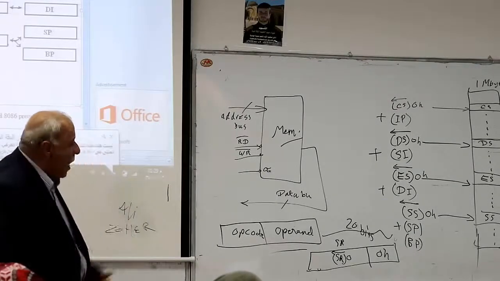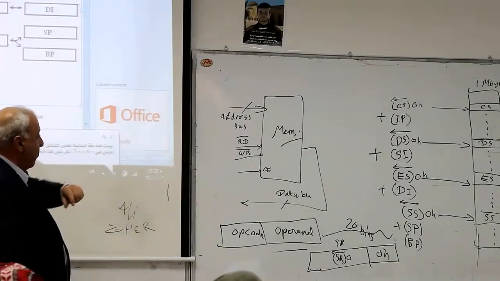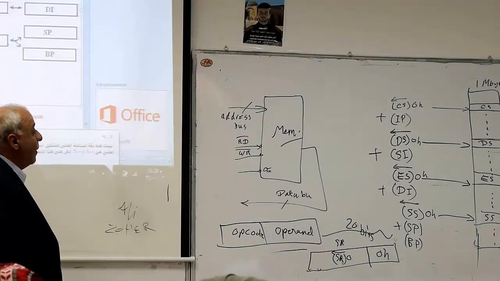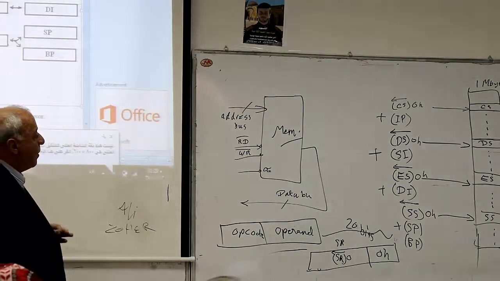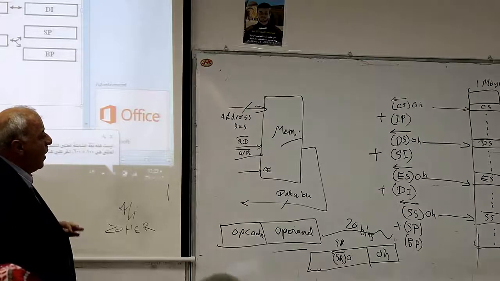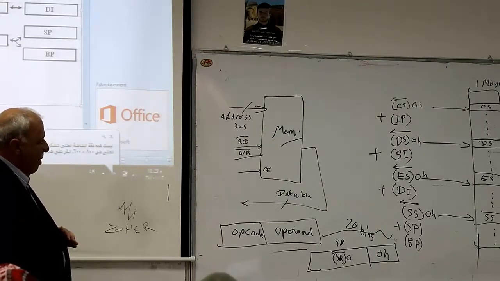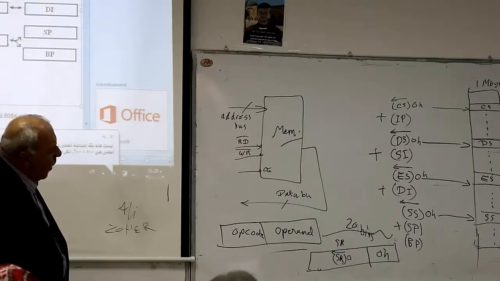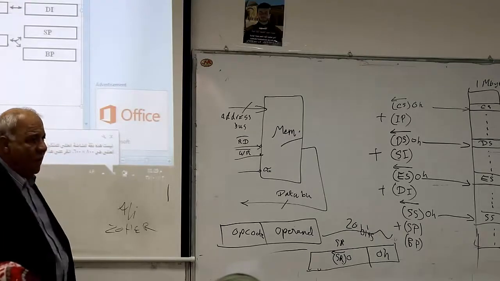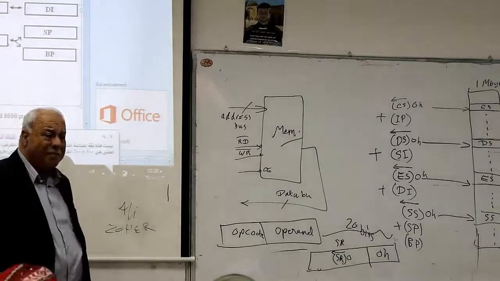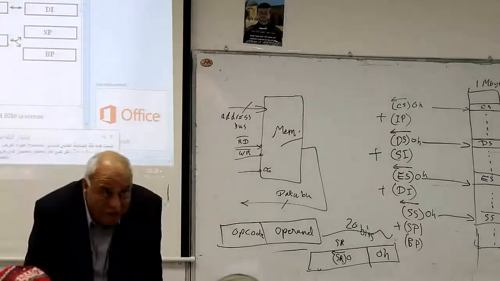So this is how we generate the 20-bit addresses for the memory signals. We should also know there are 4 types of segments, each up to 64 KB.